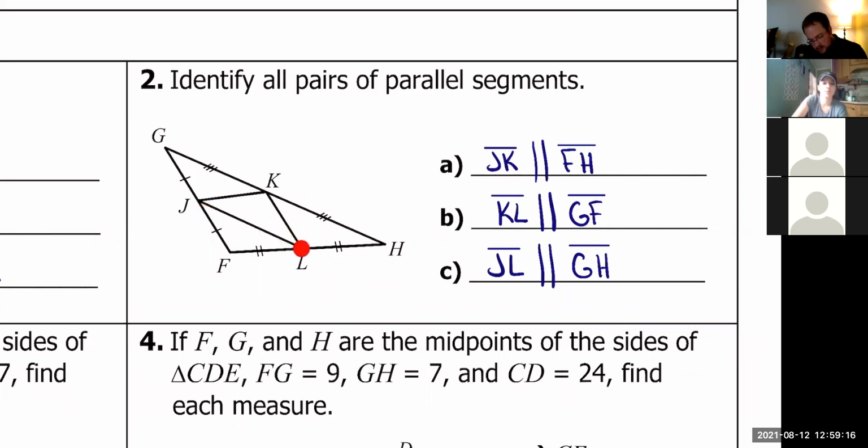Yes, those would be parallel. That would be acceptable. Because if the whole thing is parallel, then half of it would still be parallel because they lie on the same line. Yeah, okay, so that would be acceptable, absolutely.